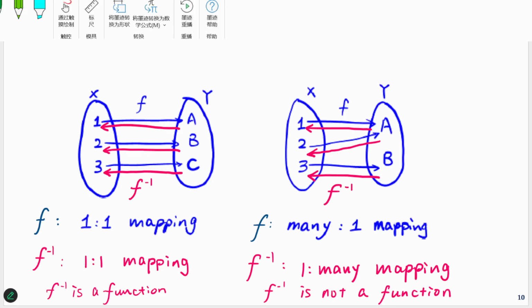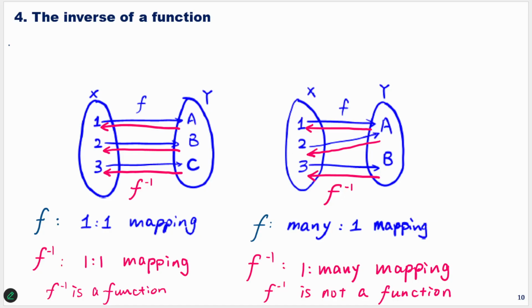And also, for the original function, if we have an arrow direction like this, it maps any element in set x to an element in set y. We call x the domain of the original function f, and y the codomain or range in both cases. Can you recall that?